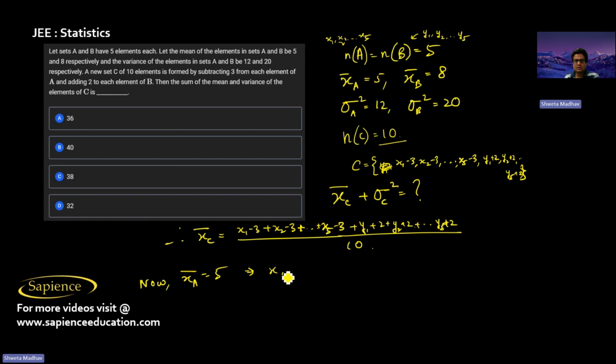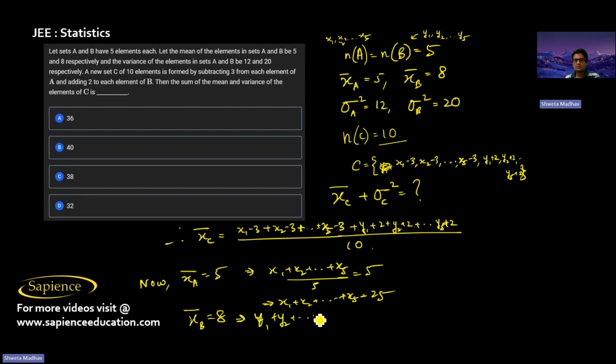So (x1 + x2 + x3 + ... + x5) / 5 = 5, therefore the sum of all these elements is 25. Similarly, the mean of the elements in B is given as 8, so (y1 + y2 + ... + y5) / 5 = 8, which means the sum of all the elements in B is 5 times 8, that is 40.